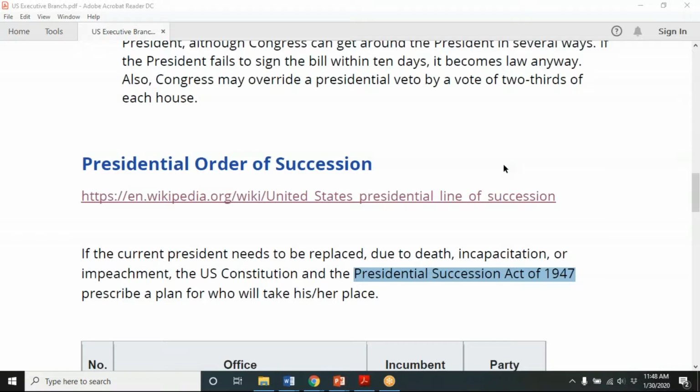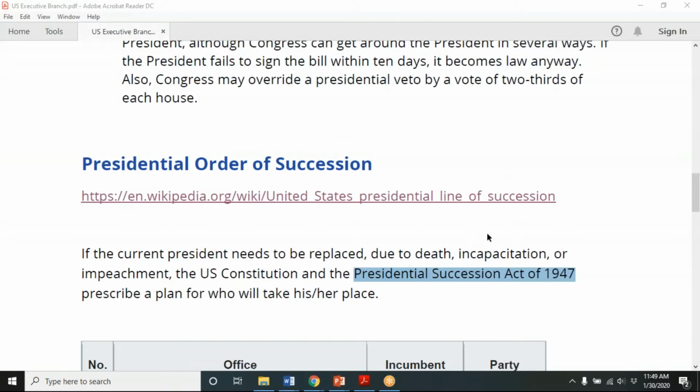They immediately, upon learning that President Kennedy was dead, his heart had stopped, he is dead, no matter where the vice president was, Lyndon Johnson, they immediately got a judge to swear him in as president. Because you don't want a minute to go by without there being a president of the United States, right? So you immediately swear in that vice president.